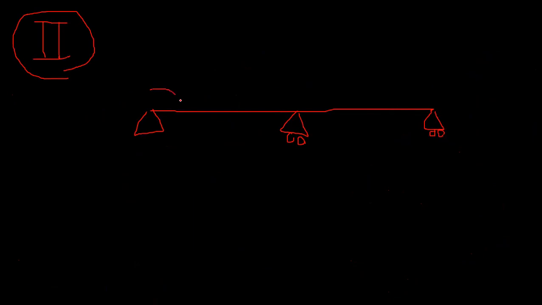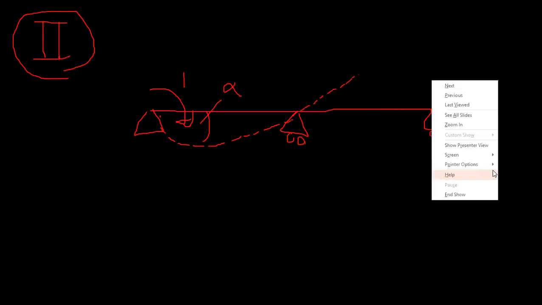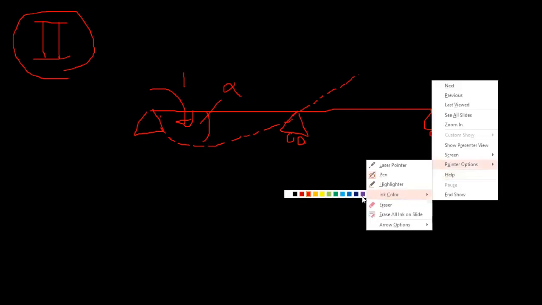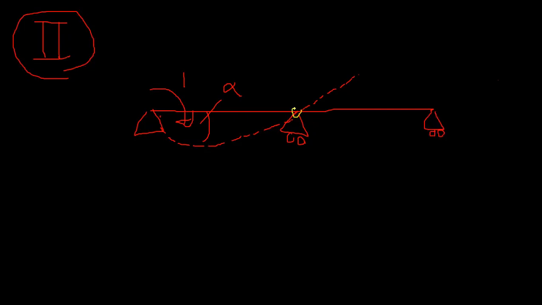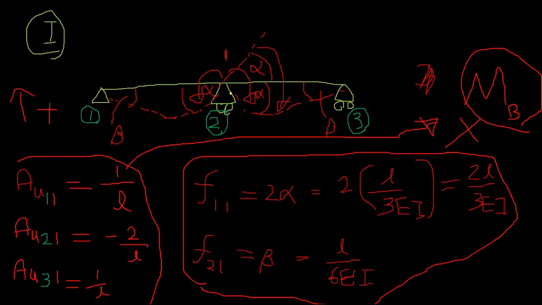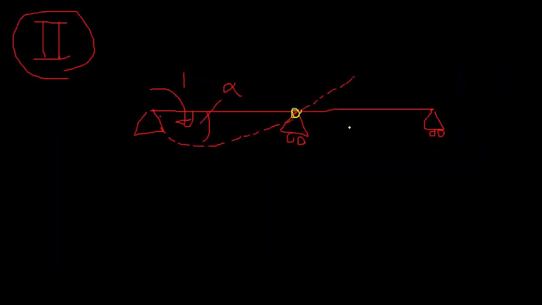Right. So we are giving the clockwise moment of unit moment. So we will say this is alpha. This part is not moving, because there's a hinge. Hinge is still there.